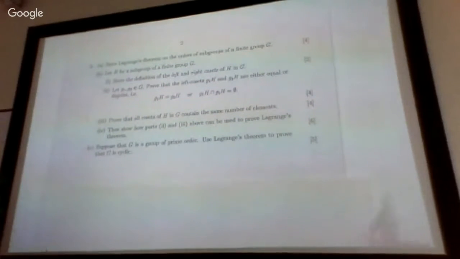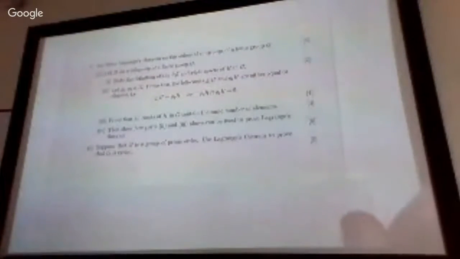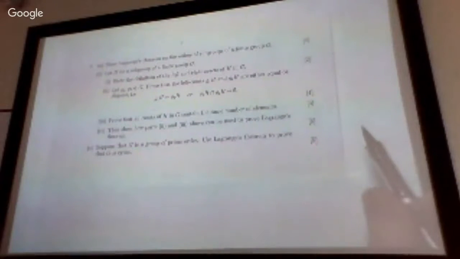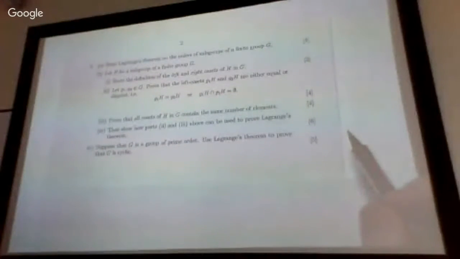Okay, so as you can see, question 3. First it's asking you to state Lagrange's theorem. It's something we expect you to be able to give an accurate statement of from memory. Part B guides you through the proof of it, asking for relevant definitions and feeding you the key intermediate stages.